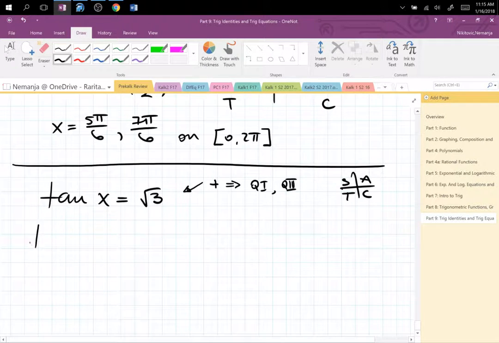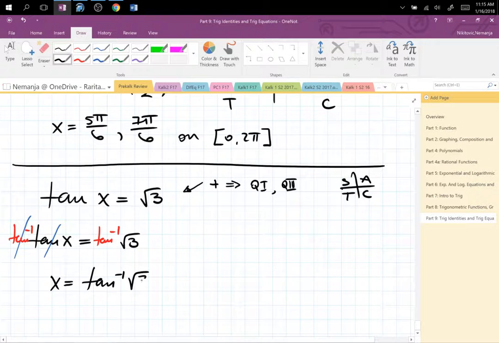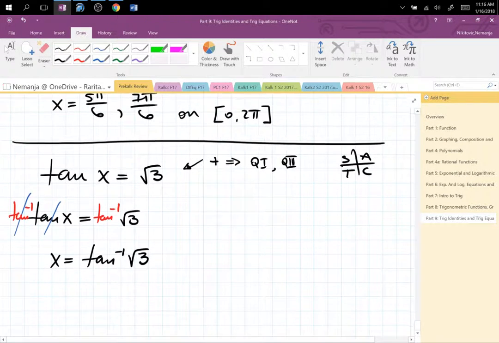To get the numerical value, we again write tangent is equal to, leave some space so we can fit in the inverse tangent on both sides. These will cancel, giving me x equals tangent inverse of root 3. Now, we know that tangent inverse of root 3 is going to give us pi over 3. But I have to work out my quadrants.